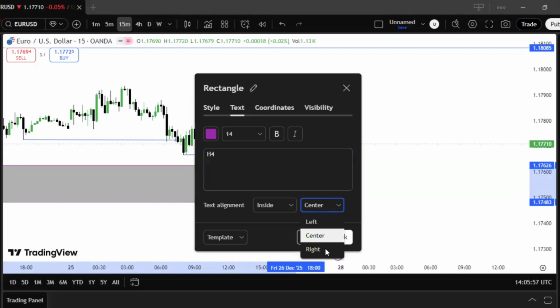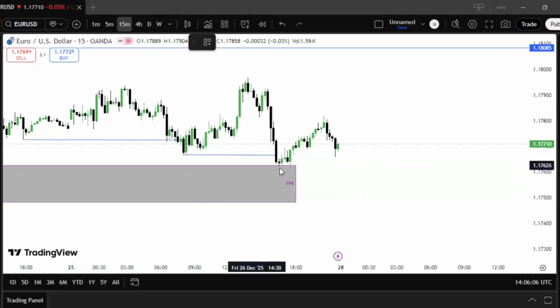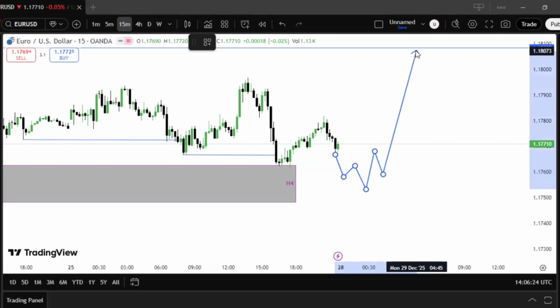So here I can wait for the market to give me something like this, come here and take maybe 50% of the zone, then make a change of character, then boom, I'll target this high point again. I hope you understand, guys. Simple.